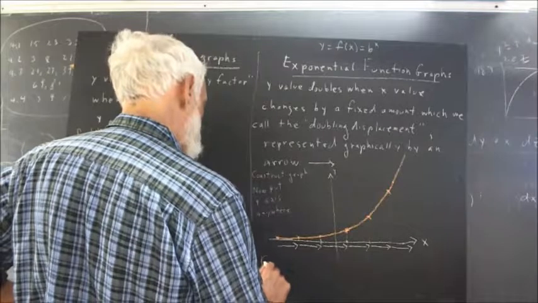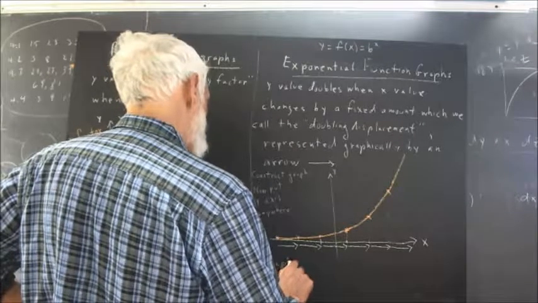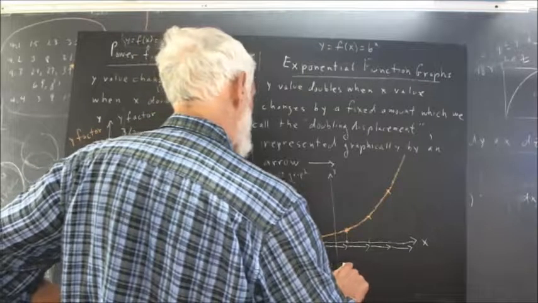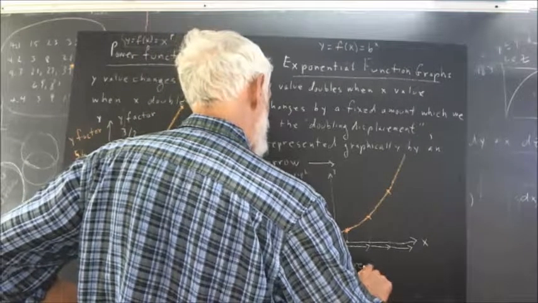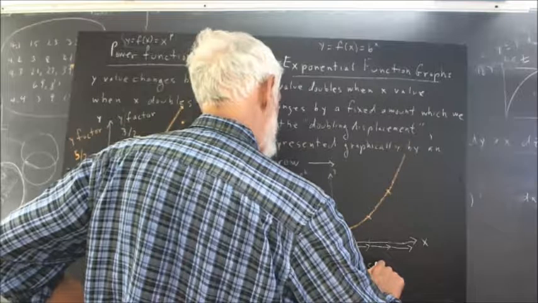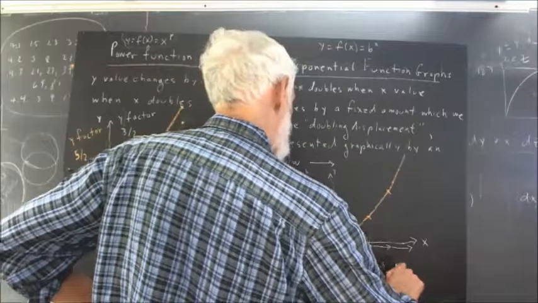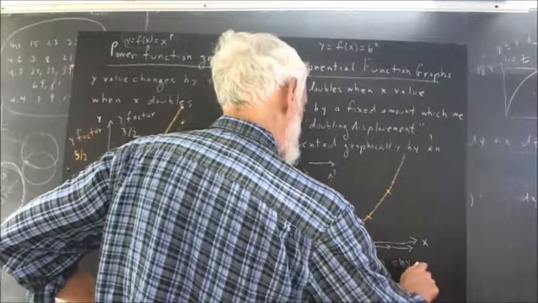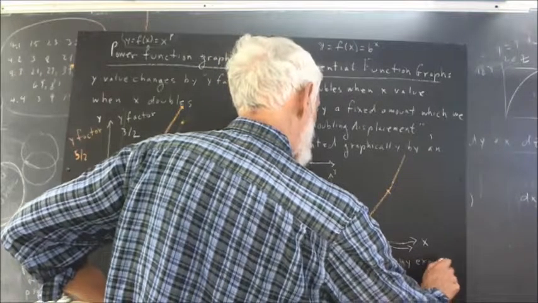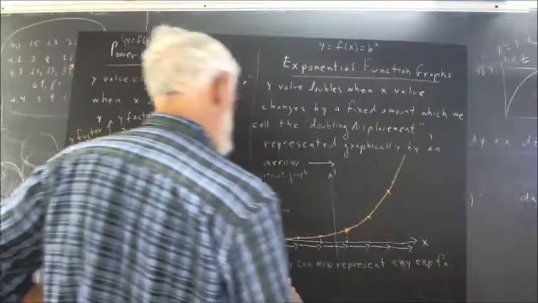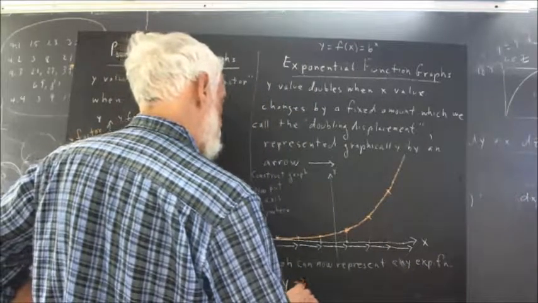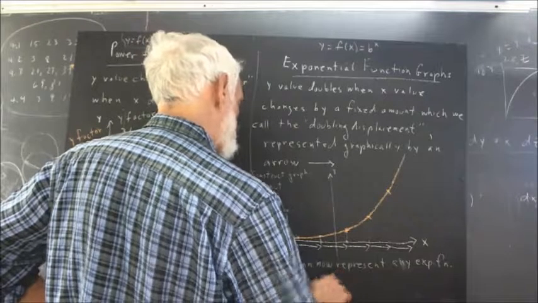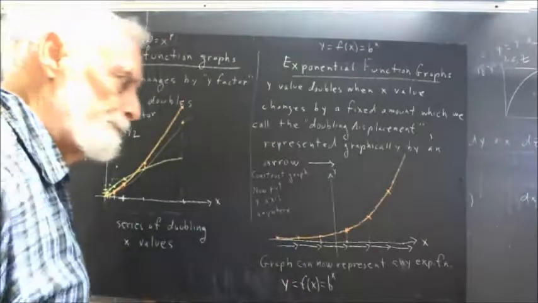So the graph can now represent any exponential function. y equals f of x equals b to the x. Okay.